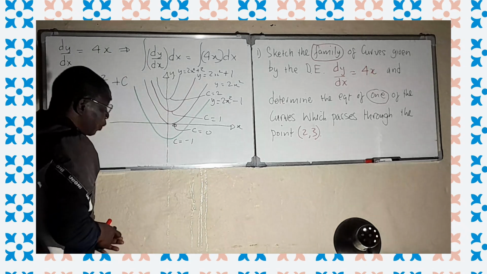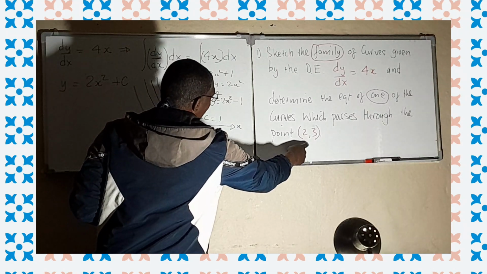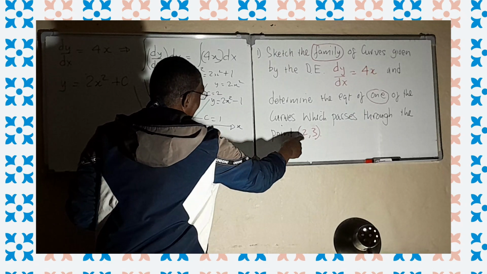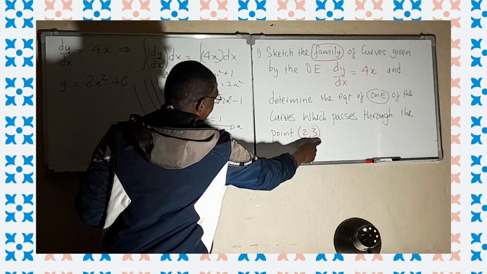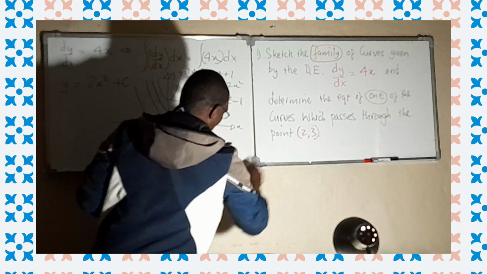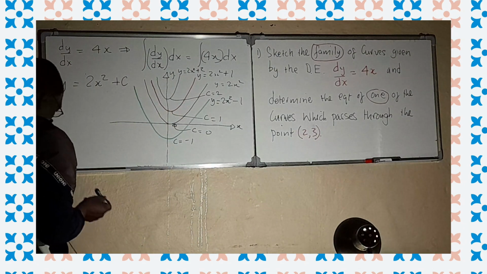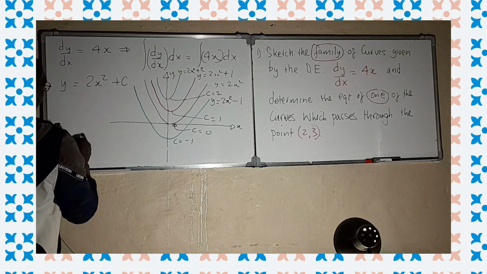Now, when we are given additional information such as this one, which are called initial conditions, the initial conditions are that when x is 2, y is equal to 3. So if we then substitute into our equation, remember our equation is here, so let's substitute the values.